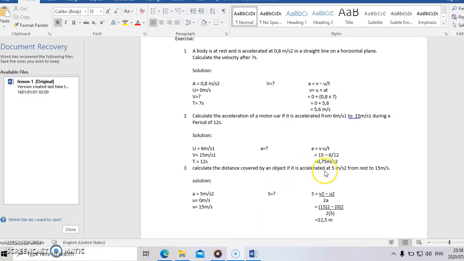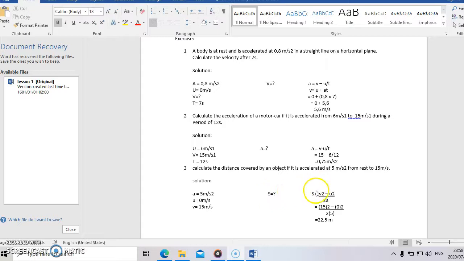They give you your acceleration, which is 5 meters per second squared. Our initial velocity here is 0 because they say from rest, to 15. This is our final velocity.